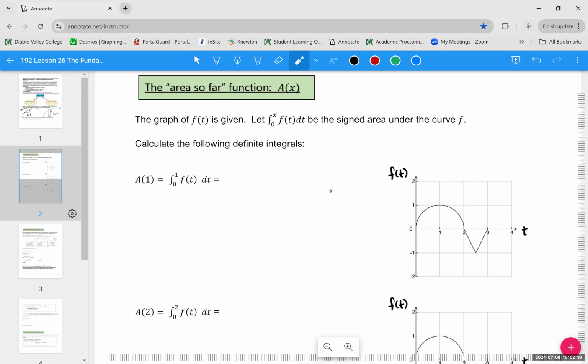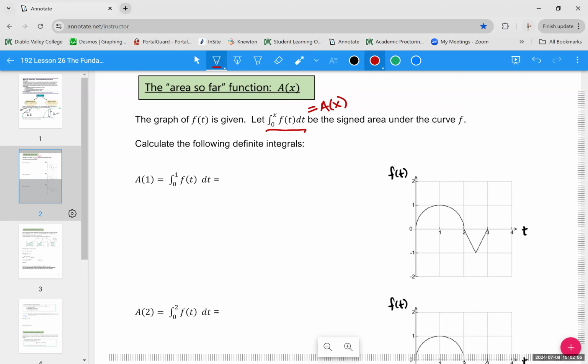In order to do this, we're going to investigate the area so far function. We'll call it capital A of x. I actually realized that I did not write that this function is the A of x function.